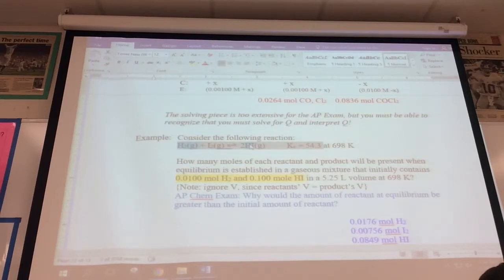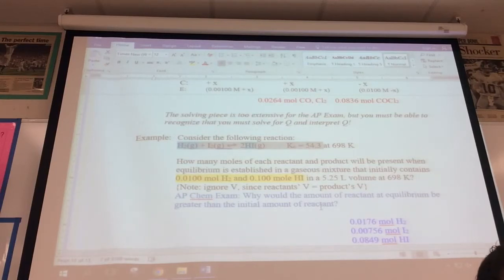Look in yellow at what's given. So if you don't have any iodine, you don't have any iodine to react with hydrogen gas. So which reaction has to be favored? The reverse. Okay? Why would the amount of reactant at equilibrium be greater than the initial amount of reactant?